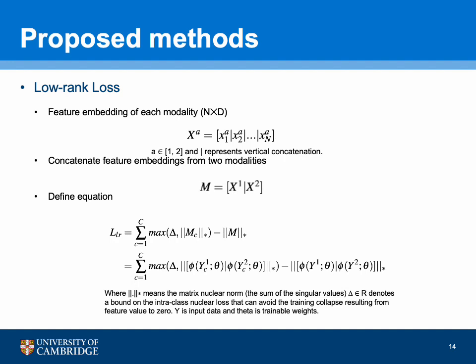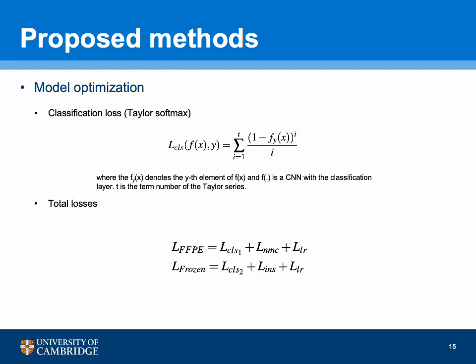This achieves decreasing the intra-class variance, and the right term can be regarded as a regularization term that aims for orthogonalization and increasing the inter-class margin.